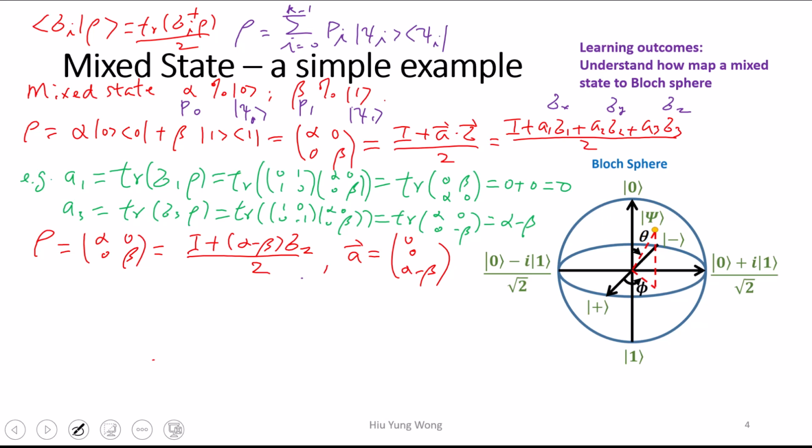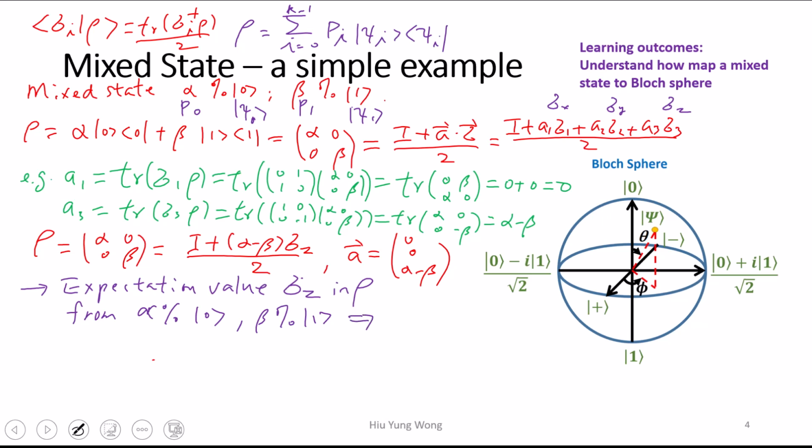Then I have a question. What is the expectation value of sigma z in state rho? From what was given, alpha percent of 0 and beta percent of 1, when I do the measurement, because I have alpha percent of 0, this will give me eigenvalue 1.